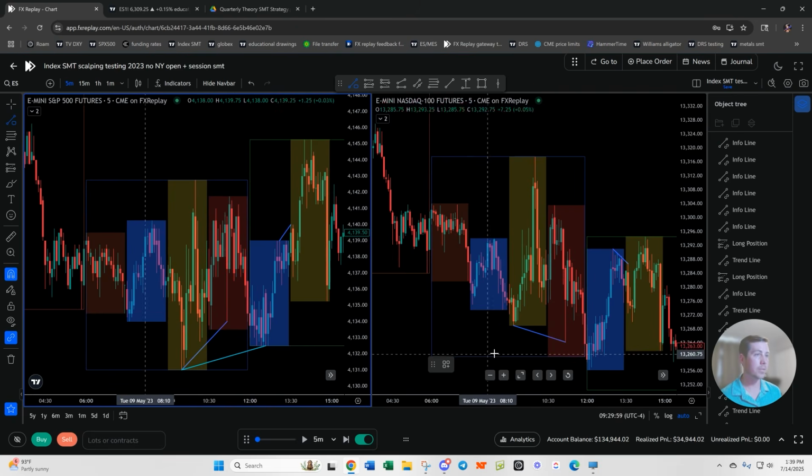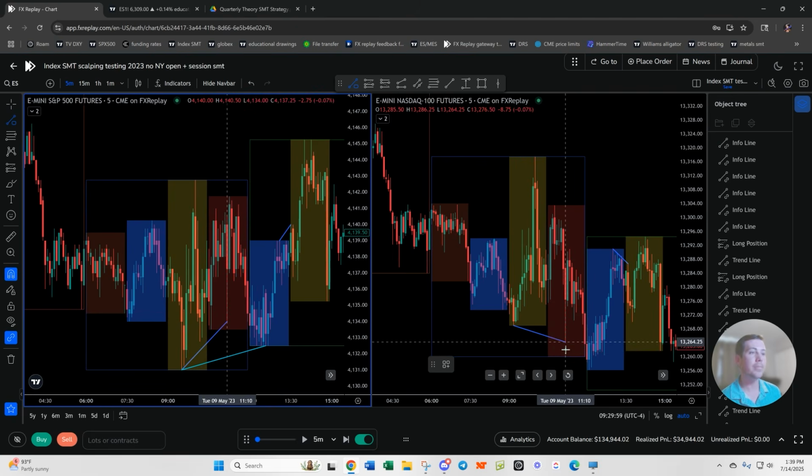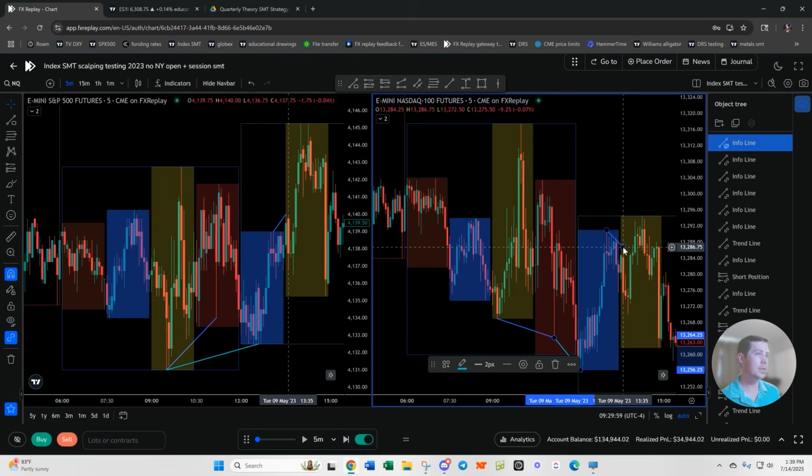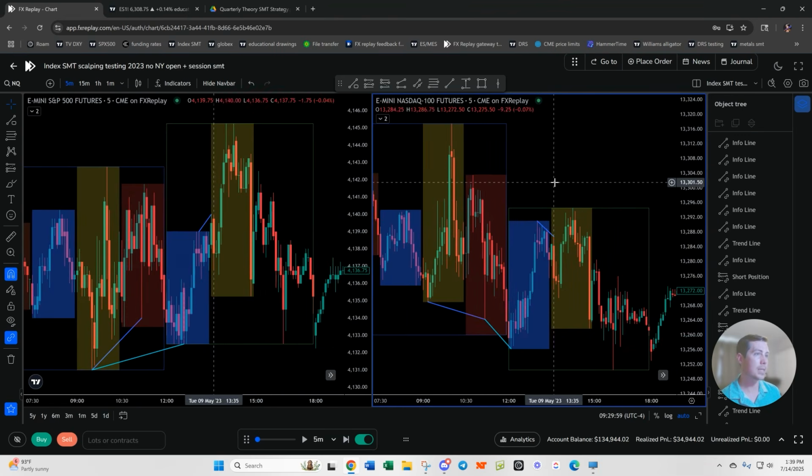So again, I'm flexible with my bias, and now I'm like, okay, we have some bullish SMT. I'm open to longs, and this led me to pass on this short. And just by being flexible with my bias, I saved myself from 2 losses this day that I would have taken otherwise when I was just taking every single trade.